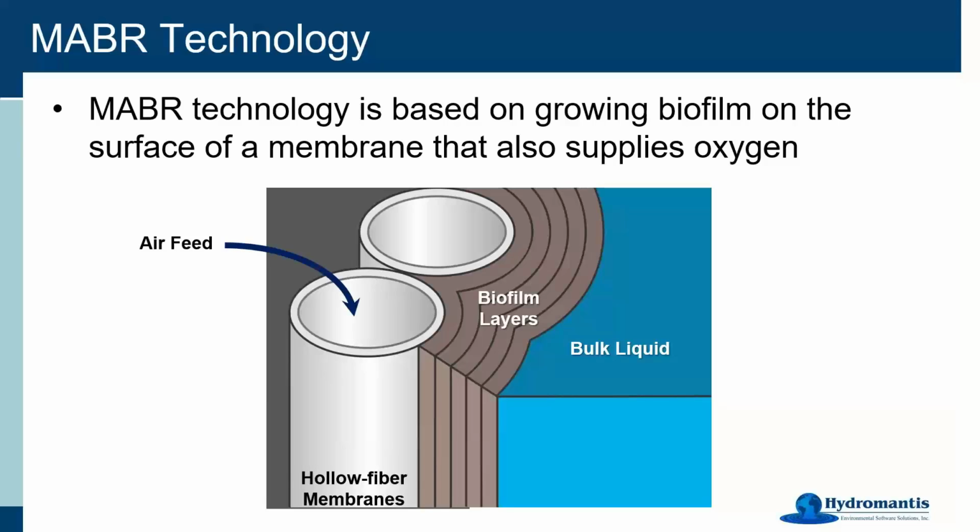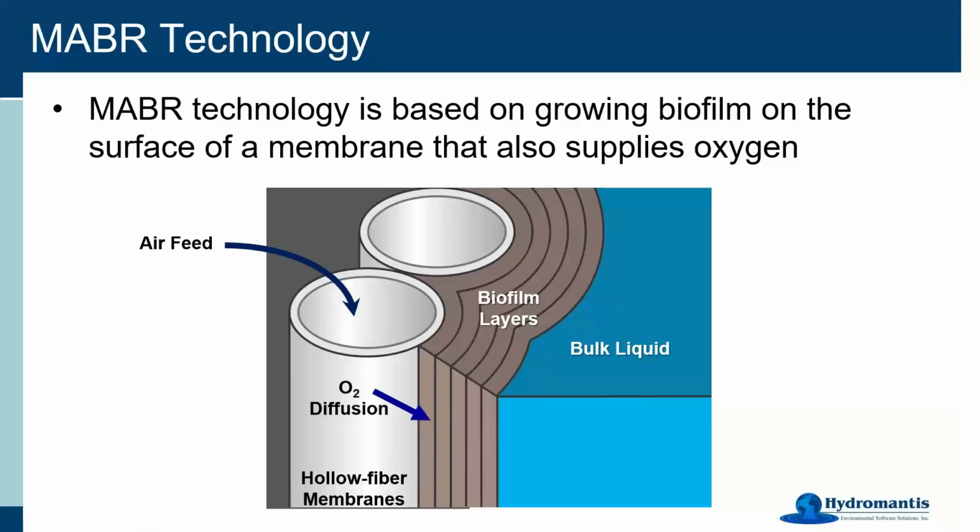So in this particular case, the air is fed down into those tubes, and these tubes are actually not porous in the sense. They are very, very small, usually a few hundred microns or maybe a few thousand, where the material allows the oxygen gas to diffuse right through that plastic and right into the surface of that biofilm. And so you'll see when we plot what the concentrations of oxygen look like in these layers, that you'll see a very high concentration right up against the surface there.